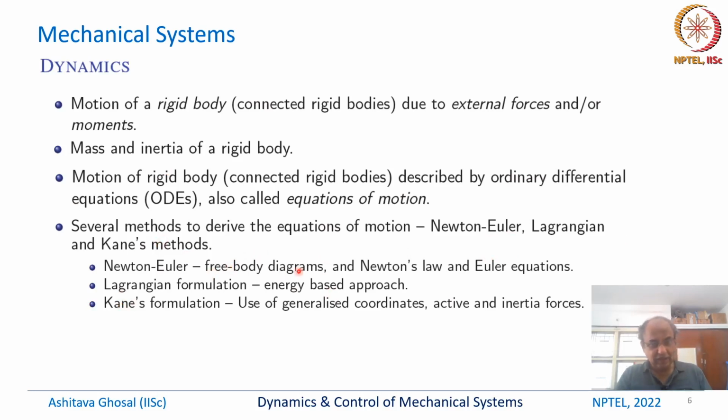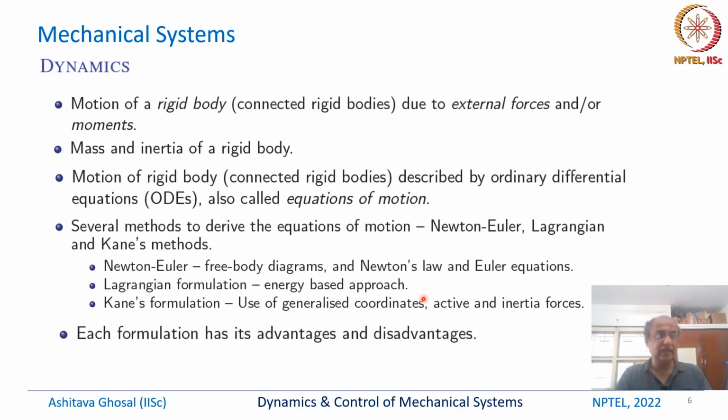In Newton-Euler, we have this concept of free body diagram. We also use Newton's law and Euler's equation of motion. In the Lagrangian formulation, we find the kinetic and potential energy, and this is an energy-based approach. In Kane's formulation, there is this use of so-called generalized coordinates, and they have this concept of active and inertia forces.